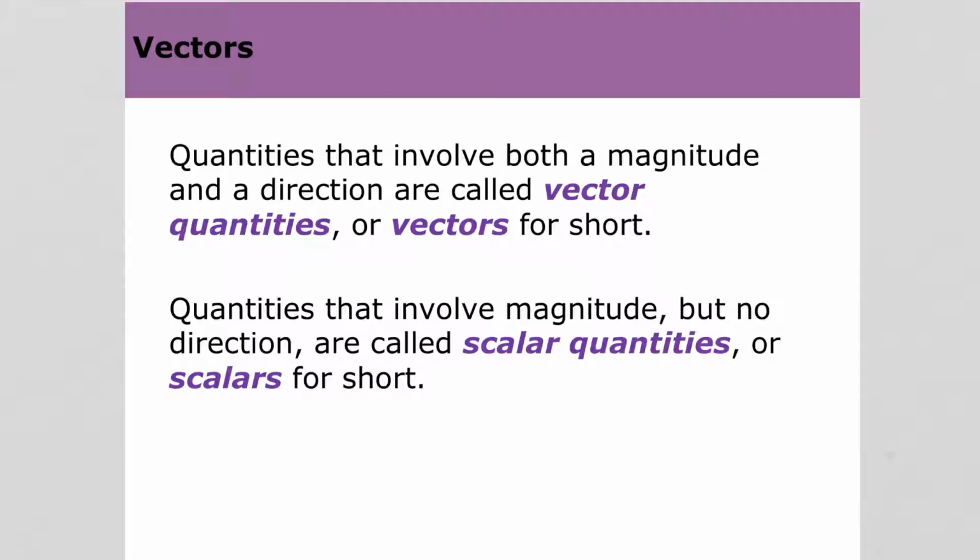Okay? A vector is basically like, you could call it an array in a way. It has a magnitude or a length and a direction or an angle. A scalar is just a number, any number.